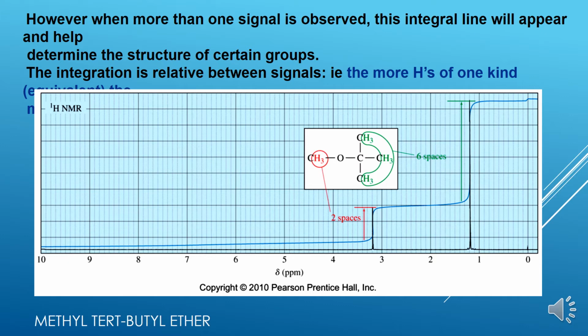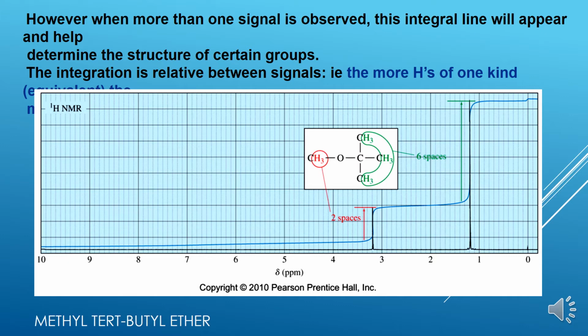Okay, so this is how the integral line helps us to identify the functional group. The integration is relative between the signals. The more hydrogens of one kind, the more intense the corresponding absorption relative to the other one.